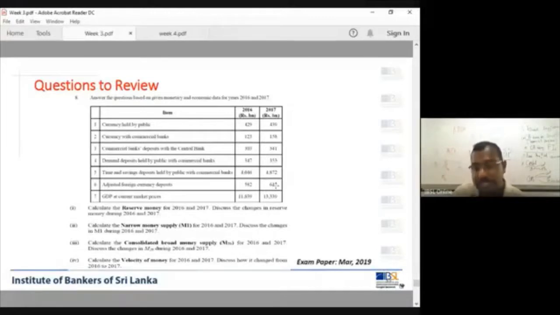Altogether 6,306. So you calculate broad money M2B for 2016 as 5,404 and for 2017 as 6,306, which means there is around a 902 billion increase in broad money. So I hope it's clear.